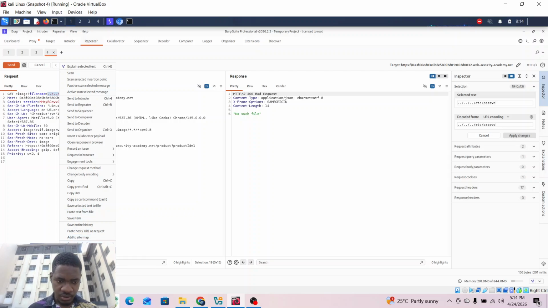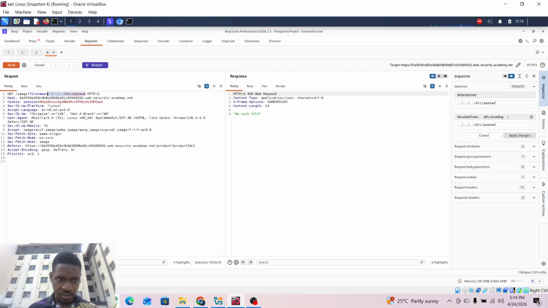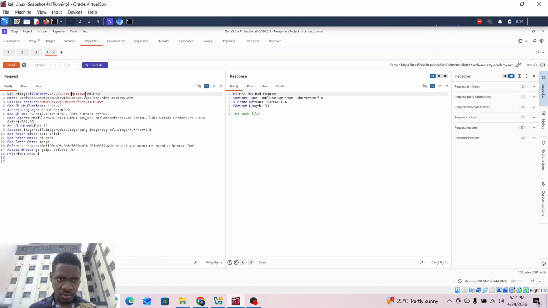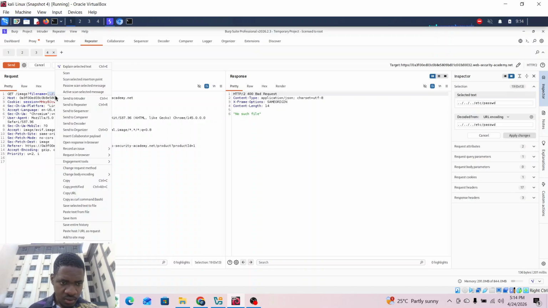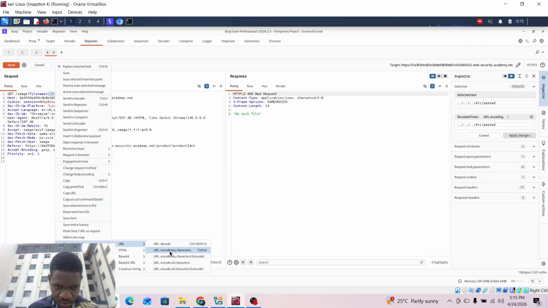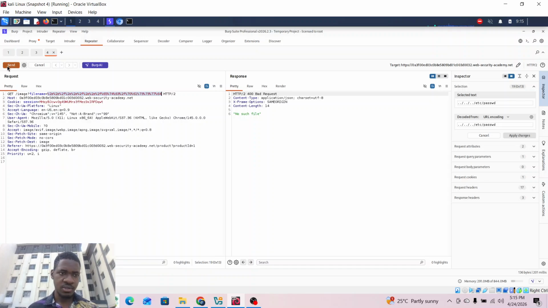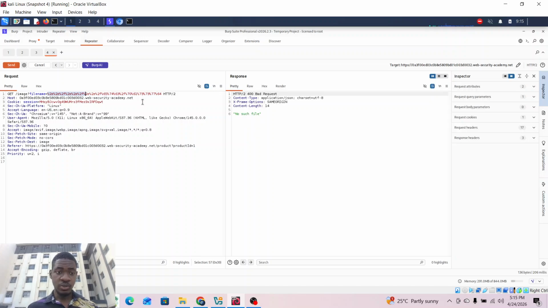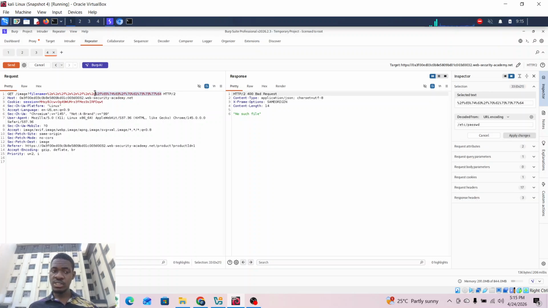So okay, let's go with URL encode all characters and see what happens. No such file. So how about we encode it twice?